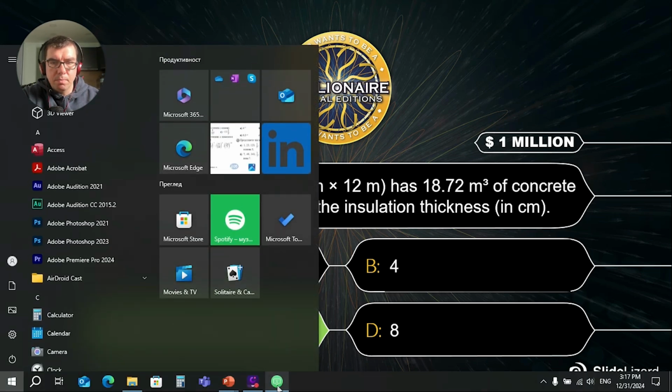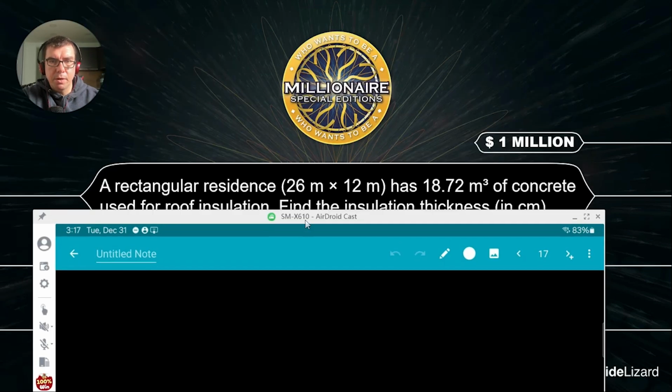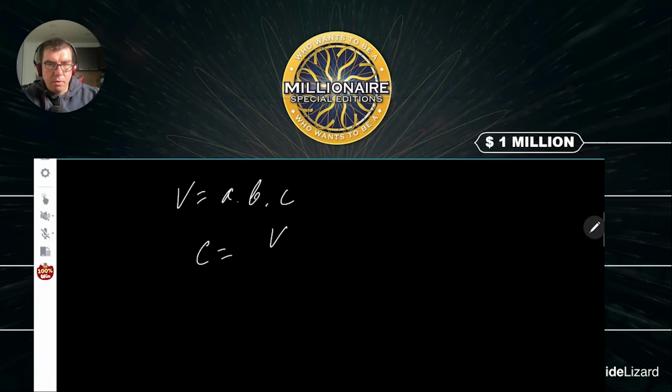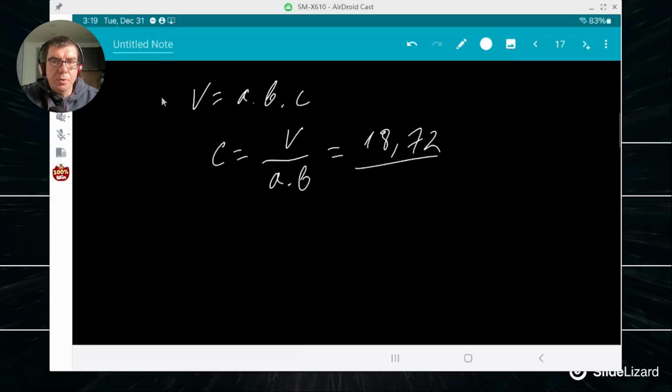So, very briefly, because it's almost an hour now, V equals A times B times C. So C equals V over A times B. So the third dimension C, the thickness or the height, will be the volume divided by the product of the other 2 dimensions.